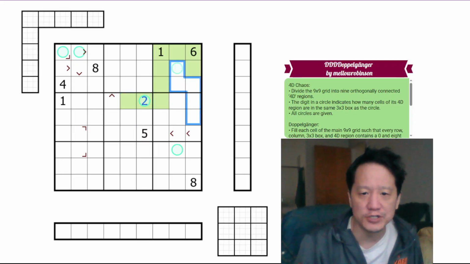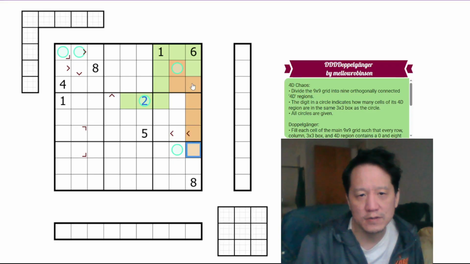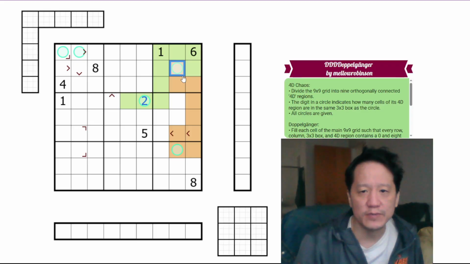Let's say we had a region here. This is not the full region, I guess, but 1, 2, 3, 4, 5, 6, 7. So we need 2 more. You could do this. So say this was also a region. This would then have a value of 3, because that's the number of cells in the 4D region which are in the same 3x3 box as the circle.